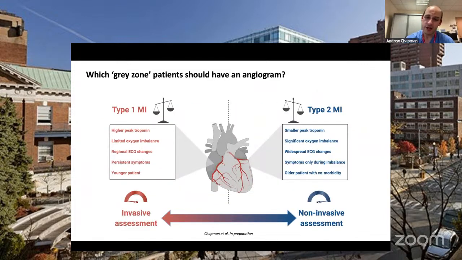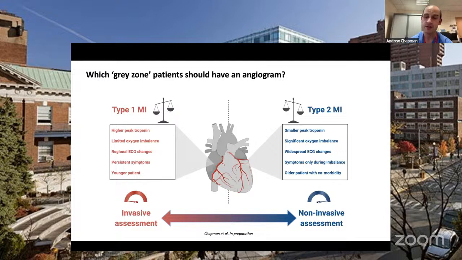There's another clinical question, and that is really which gray zone patient should have an angiogram. In some centres, there will be a very low threshold for invasive coronary angiography for any patient who has elevation in cardiac troponin concentration. In that context, this slide is unlikely to be informative.